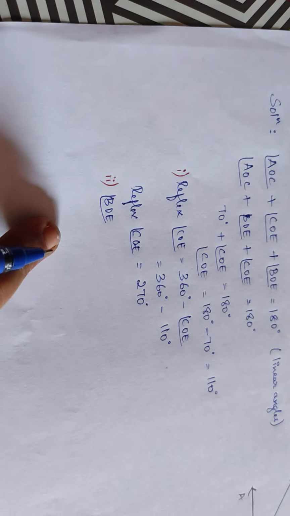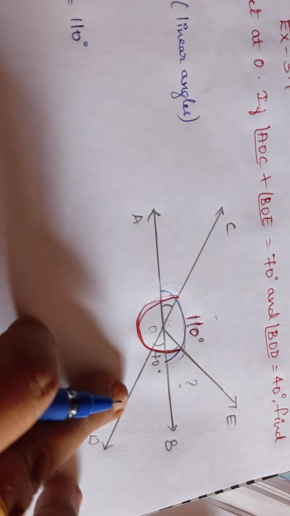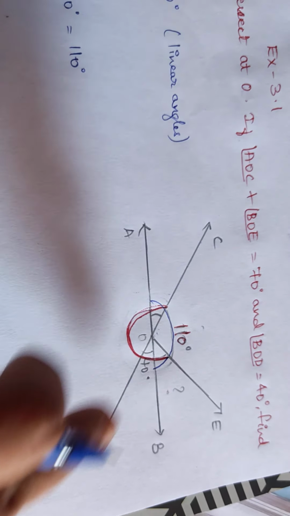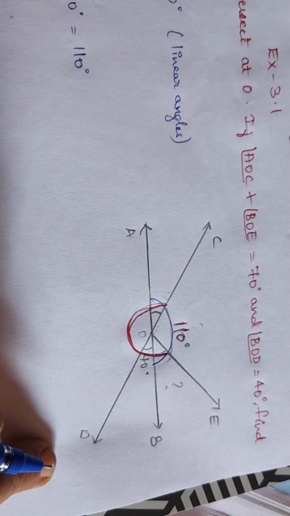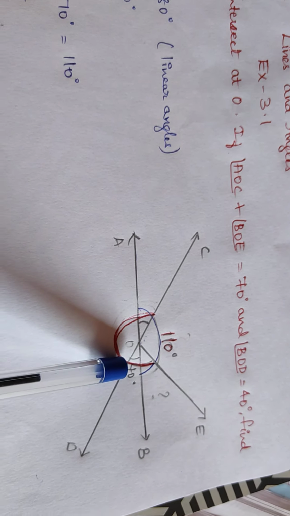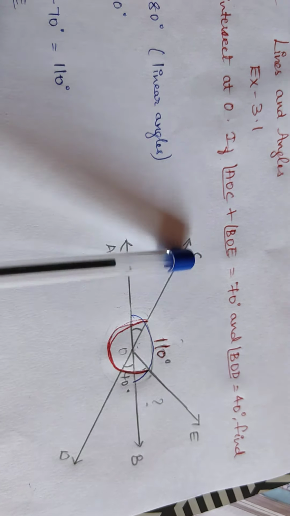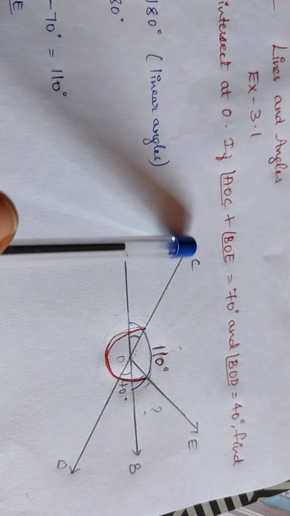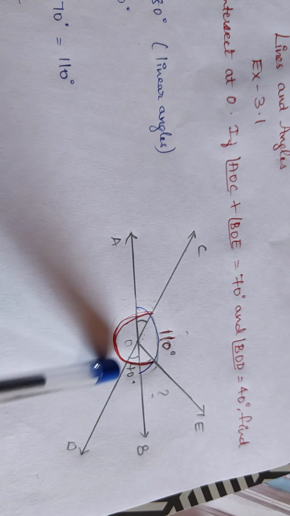Now to find angle BOE, you can observe this figure. You can take this line CD. In line CD, we know BOD is 40 degrees. We don't know BOE. We know COE as 110 degrees. So we are going to take the linear angles on this line CD.